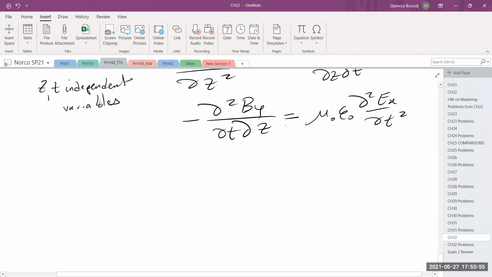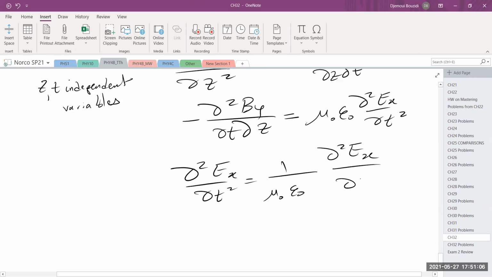So this is the equation that we end up with: the second derivative of Ex with respect to z is equal to mu naught epsilon naught times the second derivative of Ex with respect to t. That is a wave equation.